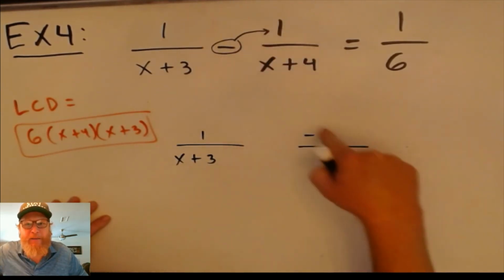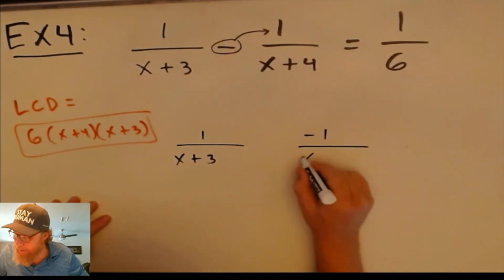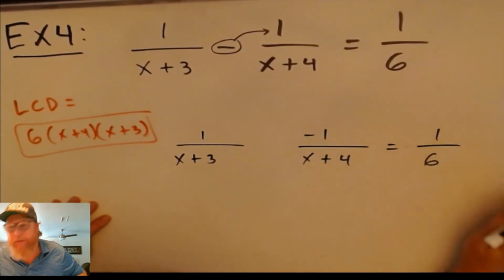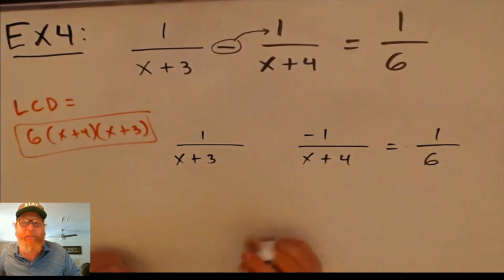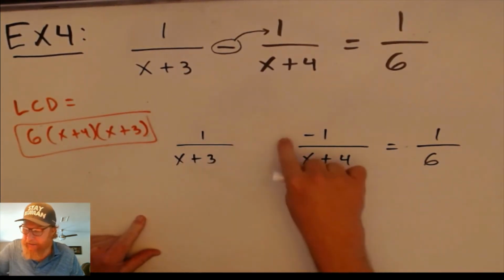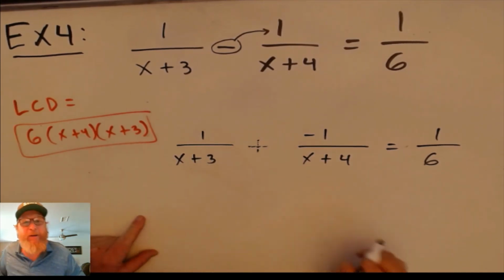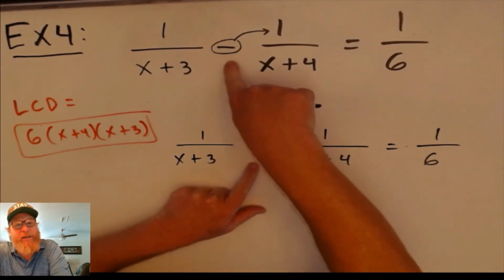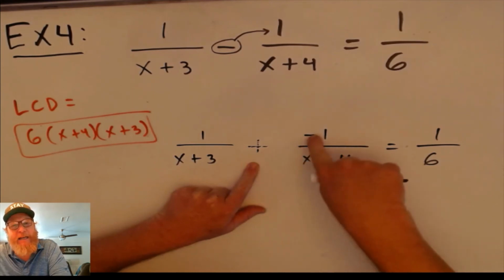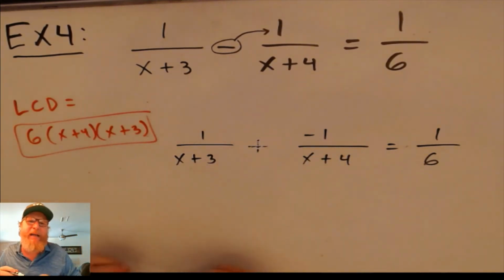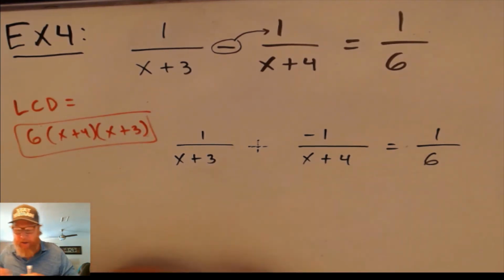So this negative sign is going to go up into the numerator, and so it's going to look like a -1. All right, you'll see why that helps in a little bit. Now, technically, when you do that, there's an invisible plus sign right here because you're changing a subtraction into adding a negative. Now, this invisible plus sign is really just a technicality. It's not really going to matter all that much.